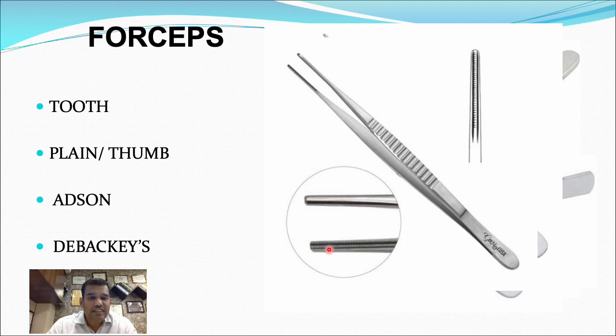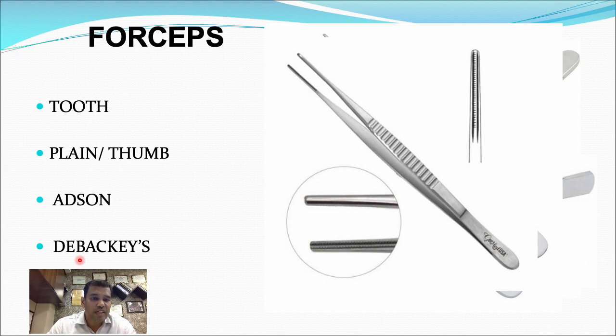It has very fine serration over both blades, so that it makes it better to hold the tissue as compared to the plain forceps. Plus it offers the good holding capacity of the tooth forceps, but it is not going to traumatize or destroy the tissue. So it can be used to hold the vessels also. It is not going to puncture the vessel or damage the vessel.